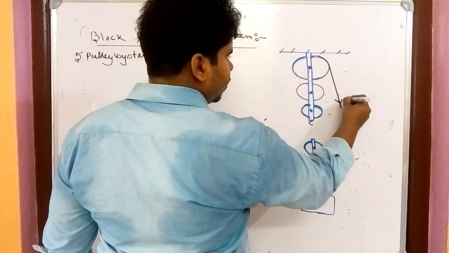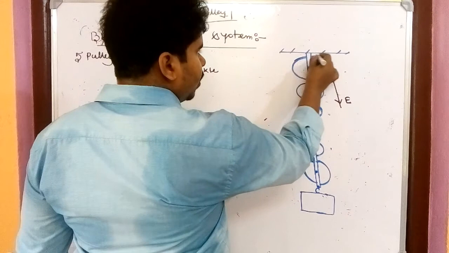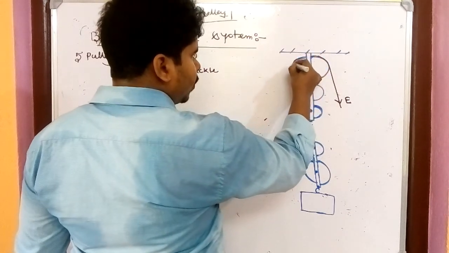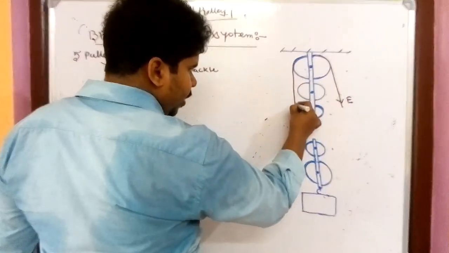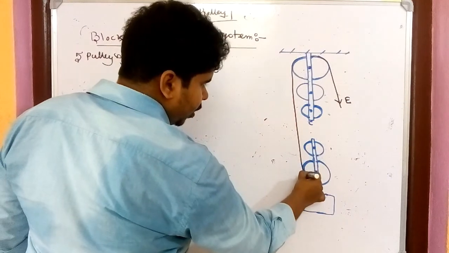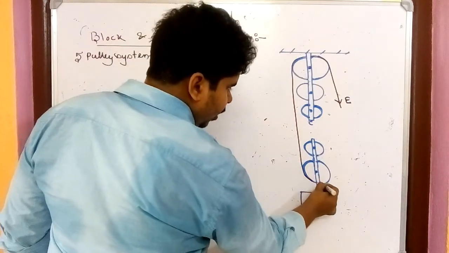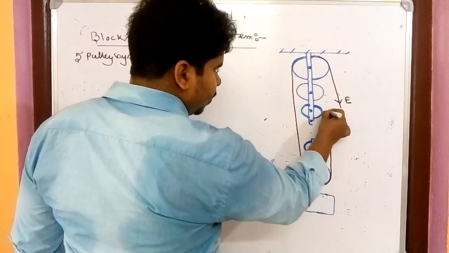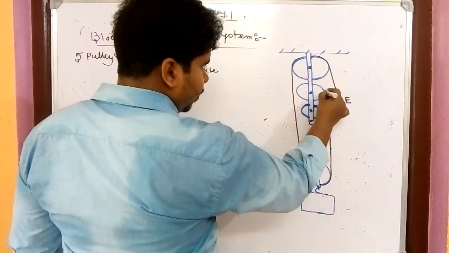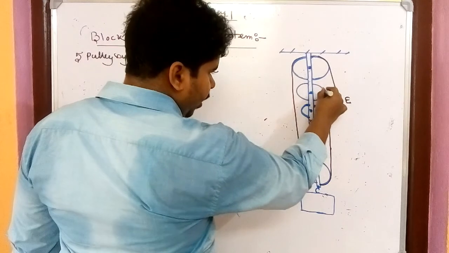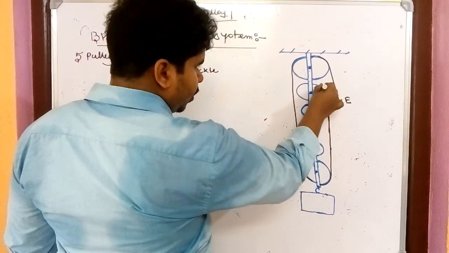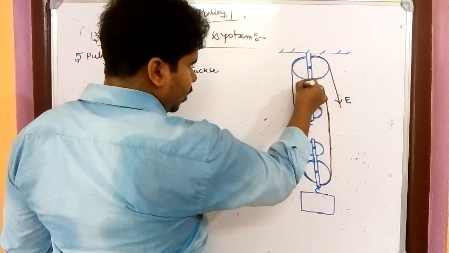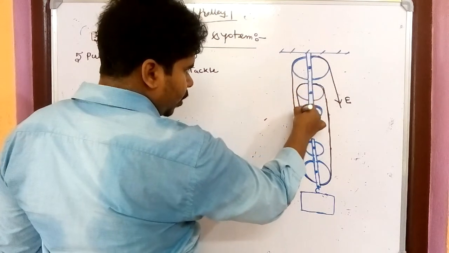Effort. So this string is completely wrapped, the first one, and coming exactly downward here. And here it will take a complete rotation, and move upward to here. Here you see we have bent a little bit, but it should seem not bent. If it bends, then your marks will be deducted.